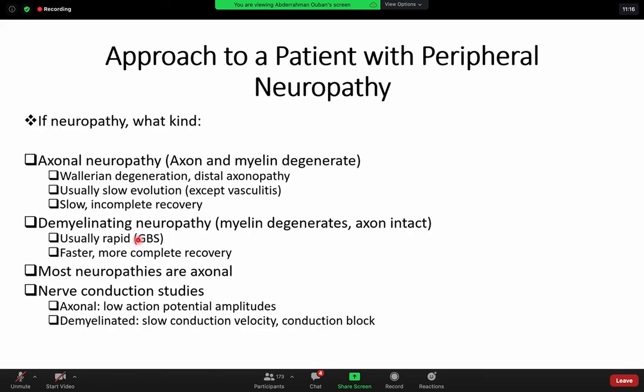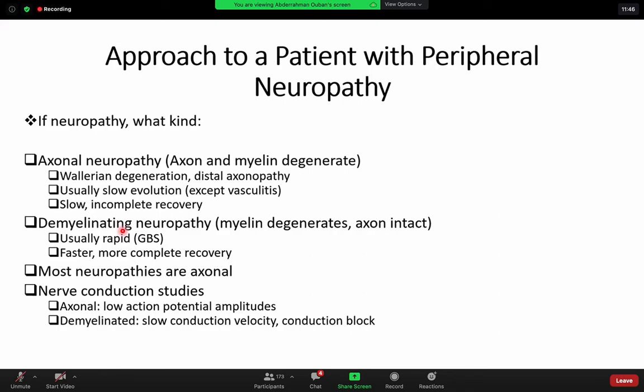Now, those patients who have distal axonopathies are going to have incomplete recovery, and a slow recovery at the same time. It's going to take forever, if any, kind of recovery to happen for those patients. On the other hand, the demyelinating neuropathies are going to appear and evolve rapidly, sometimes within days or even hours.